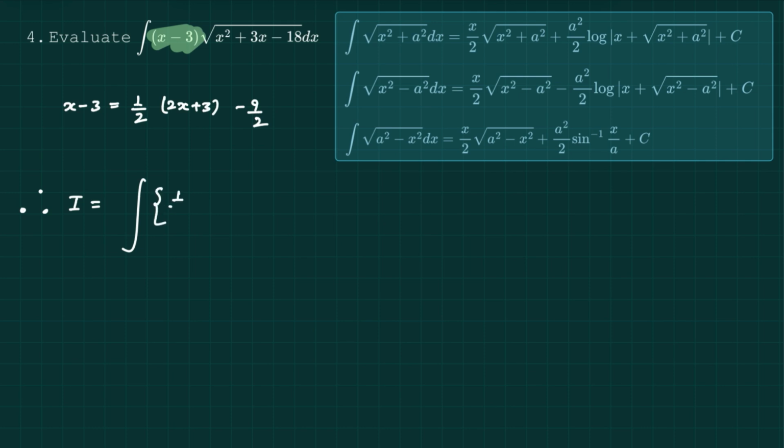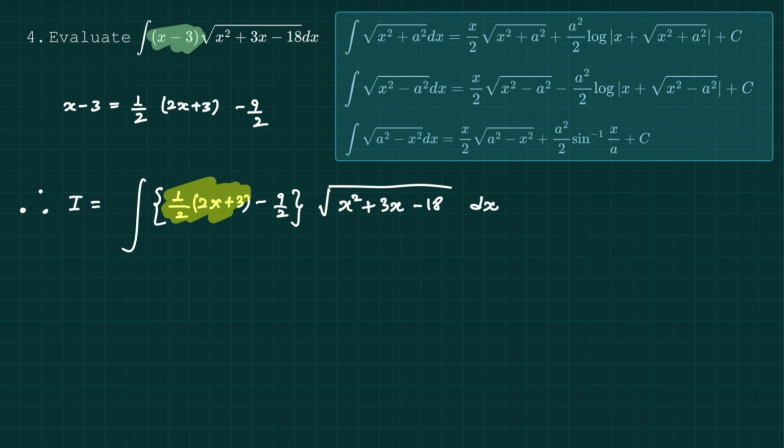Therefore, my integral I equals integration of, now instead of x minus 3, we will write 1 by 2 into (2x plus 3) minus 9 by 2, and square root of x square plus 3x minus 18 dx. Now we will distribute this integral over these two terms.